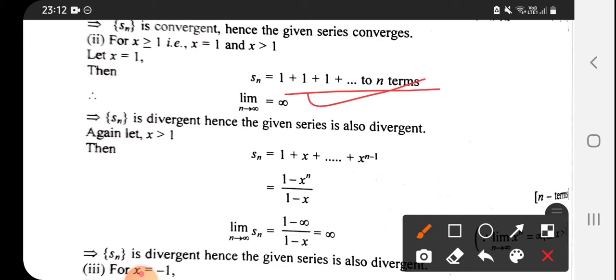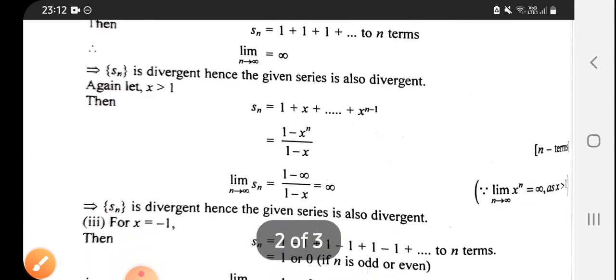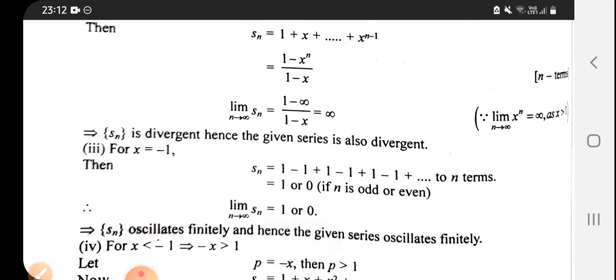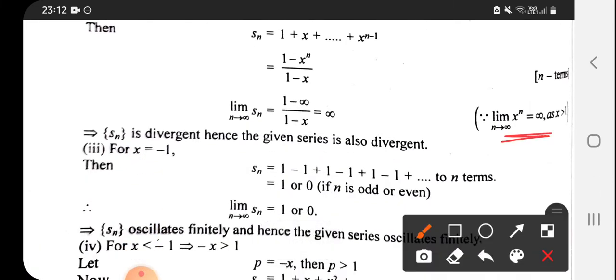If x is greater than 1, then with the help of the sum formula we get this expression, and as n tending to infinity, x to the power n is not 0, that is infinity. It becomes 0 if mod of x is less than 1, but here x is greater than 1, that's why this becomes infinity and we get infinity. So the given series is divergent.